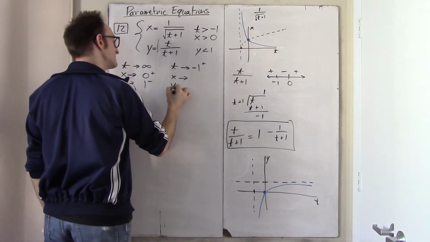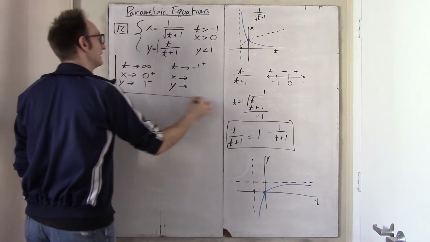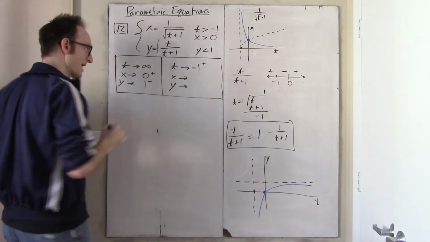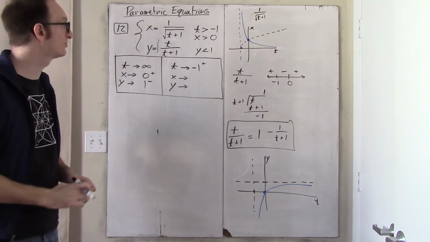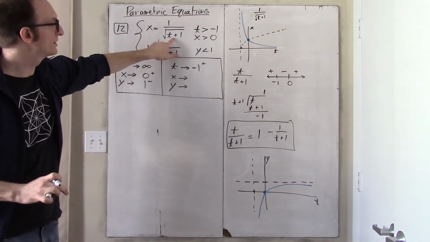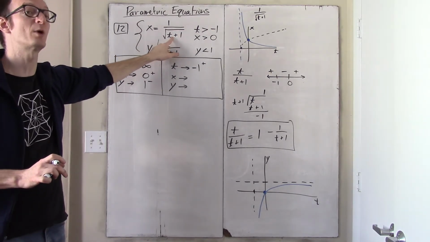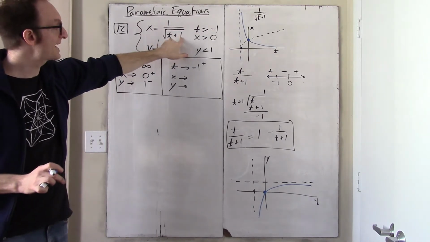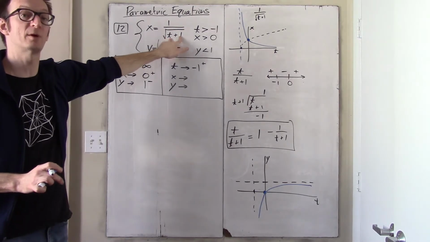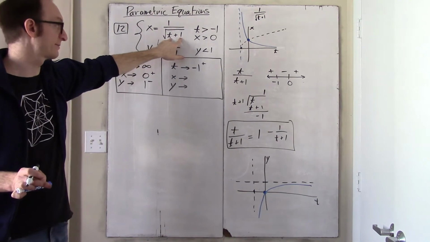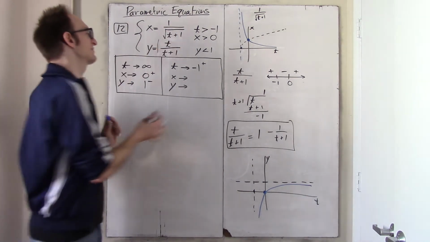So what happens when t is a little bit more than -1, like -0.9? Well, t is like -0.9, which makes inside that square root a tiny positive number. If you take the square root of a tiny positive number, it's still a tiny positive number, and 1 over that tiny positive number is infinity.